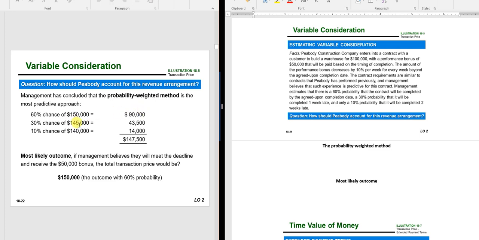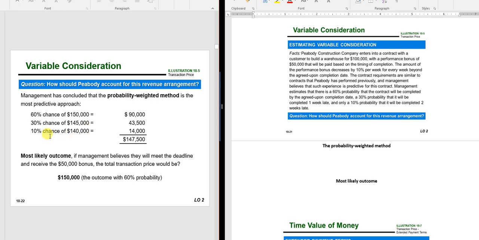There's a 30% chance that the bonus will be decreased by 10%. So if you feel better about it, you can say $100,000 plus $50,000 equals $150,000 times 60% is $90,000. You can have $100,000 plus 90% of $50,000, which is $45,000, giving $145,000 times 30% is $43,500.